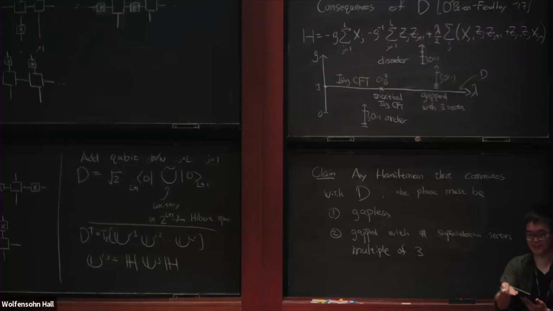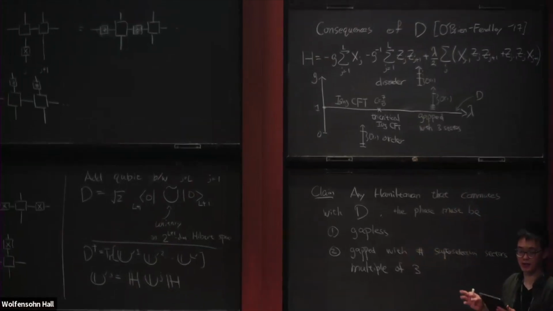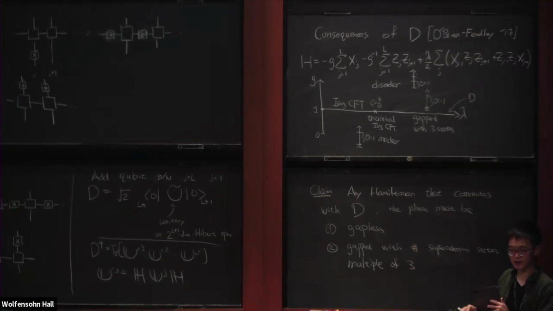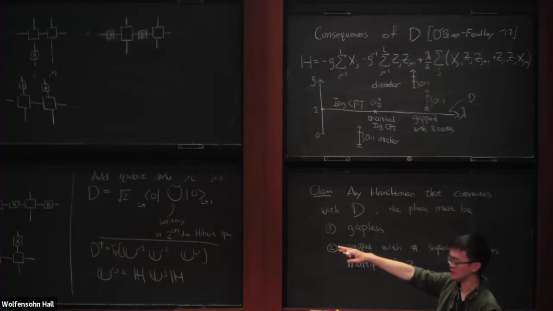If the deformation was different from lambda, would there be a new D that we would get with the same property? You mean, is there any way to turn on some deformation that also continuously deforms the operator D while preserving the same algebra? Here I assume I'm using the same D. I don't think that's possible, just because you still want the operator to act on the local operators X and ZZ in the same way.